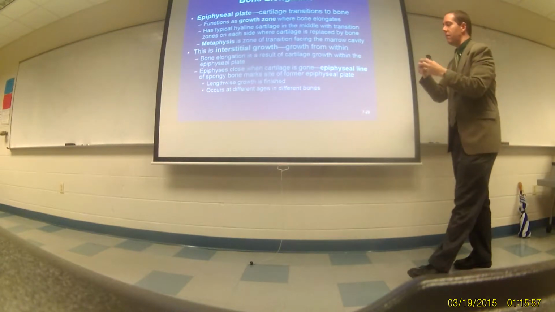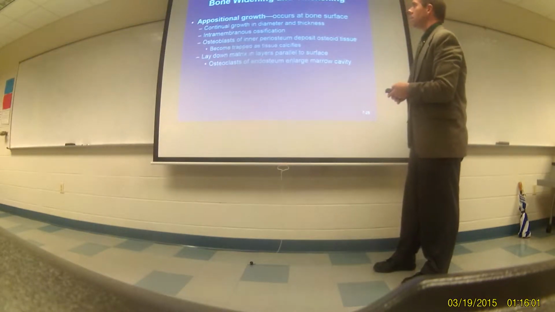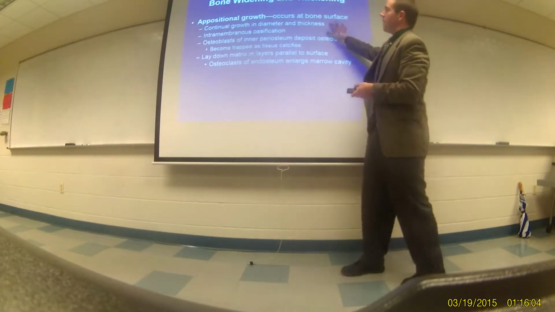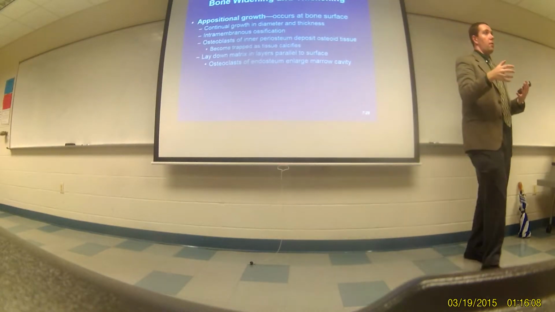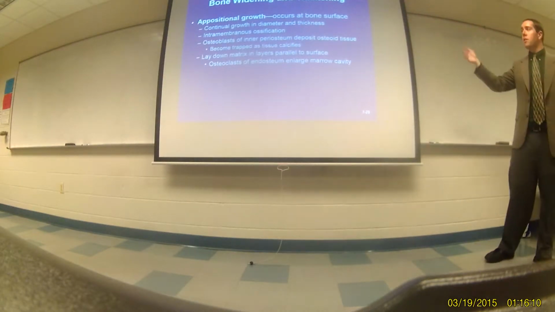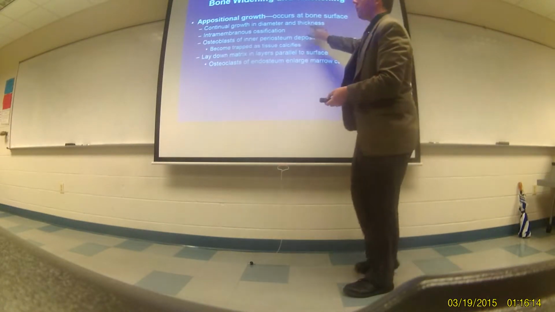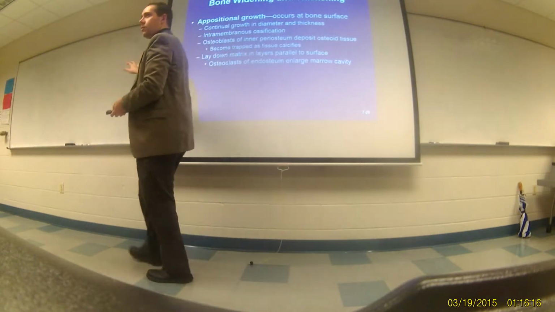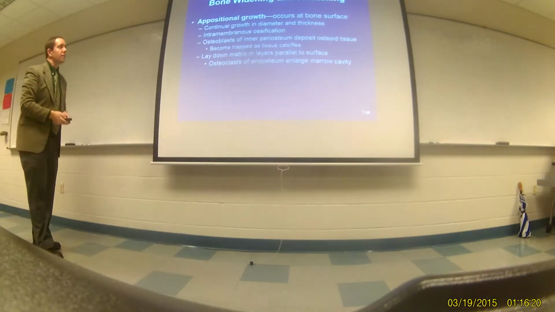So it's growing from the inside out. What happens on the outside is the appositional growth. So interstitial growth is the inside out. Appositional growth is happening at the surface. So this is what's really happening continuously throughout our entire life with those osteoblasts and osteoclasts.